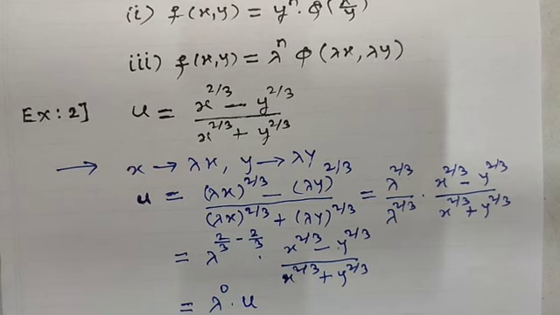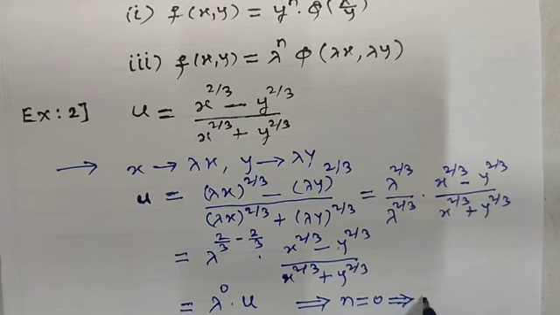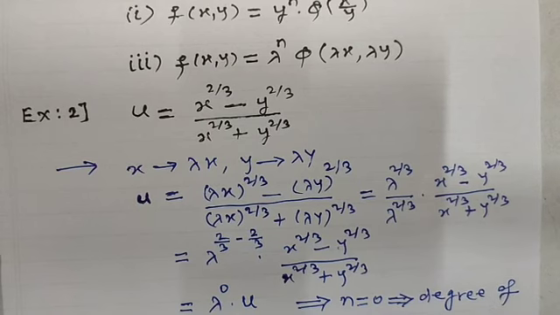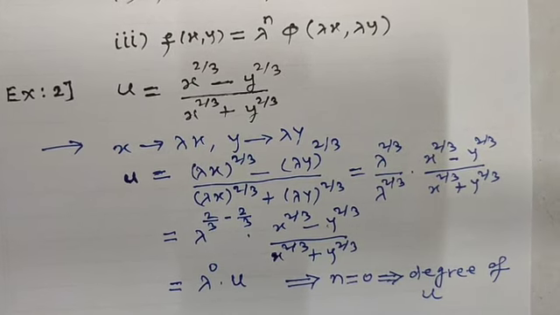U is expressed in the form of lambda to the power 0 u. This implies n is equal to 0. This is degree of given homogeneous function u. Meaning of this, u is homogeneous function of degree 0.